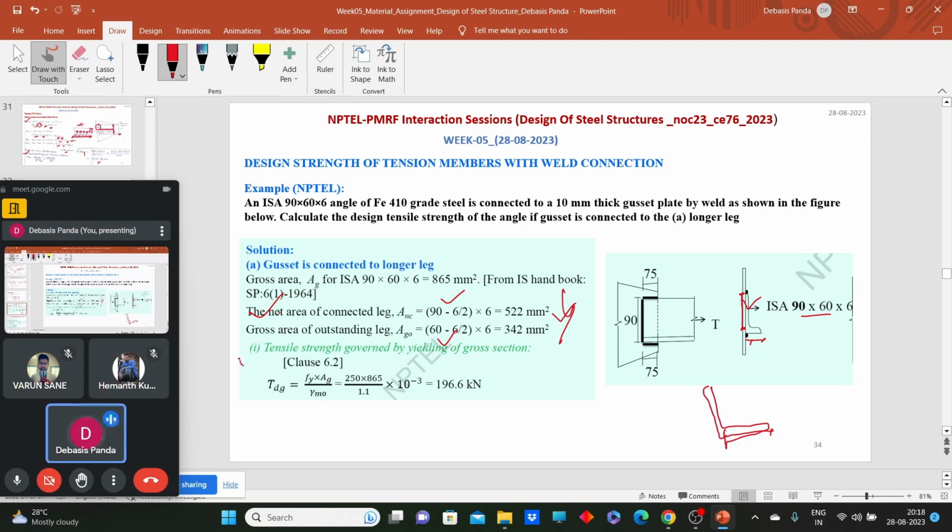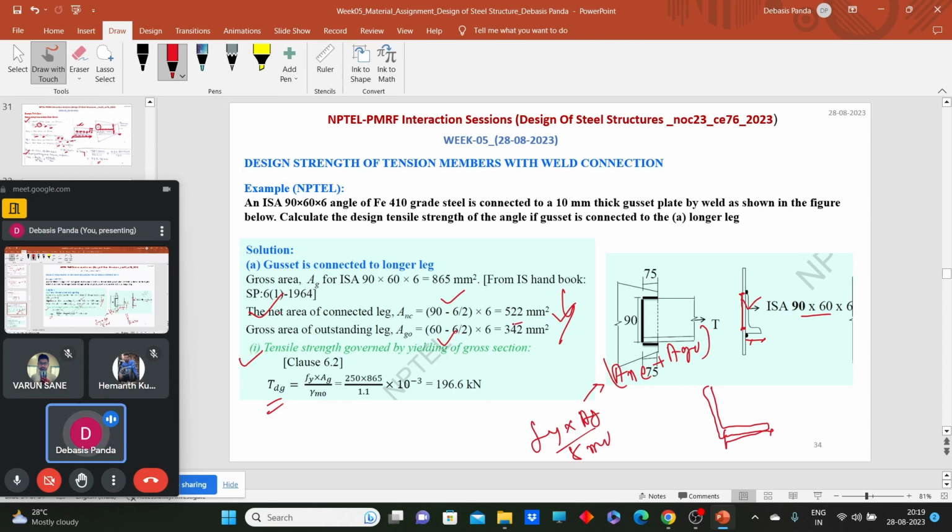First we need to calculate the design strength due to yielding of the gross cross-sectional area, and this can be found by this formula: TD equals Fy into Ag by gamma m. That Ag will be AGC plus AGO, the total gross sectional area.